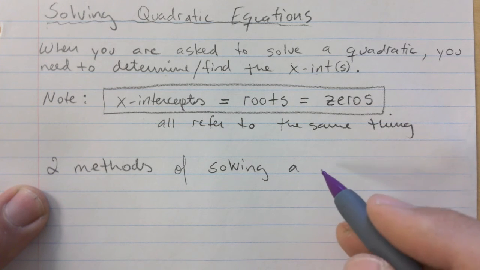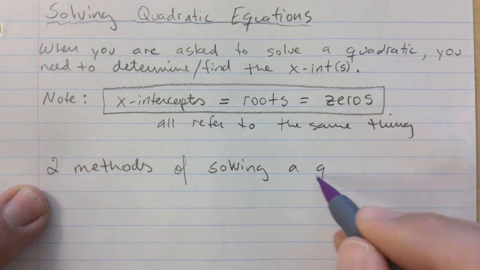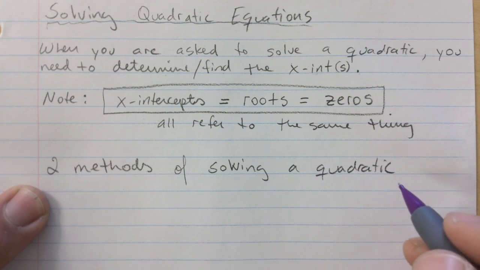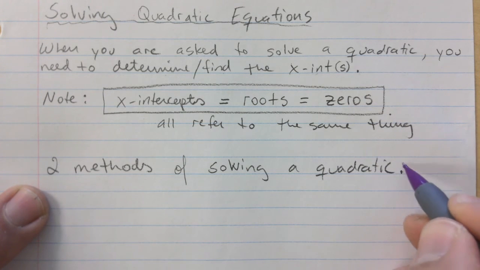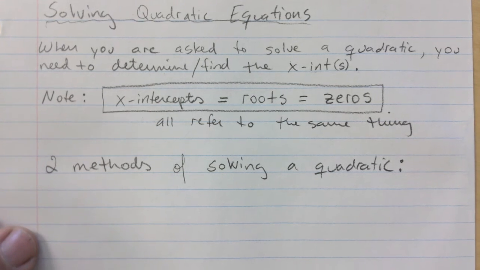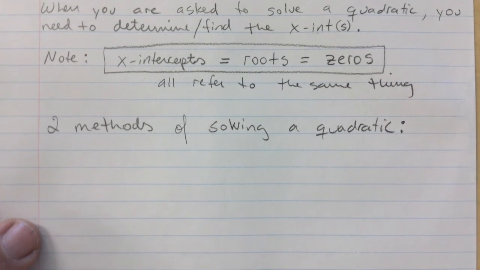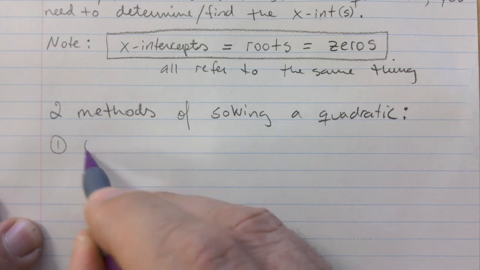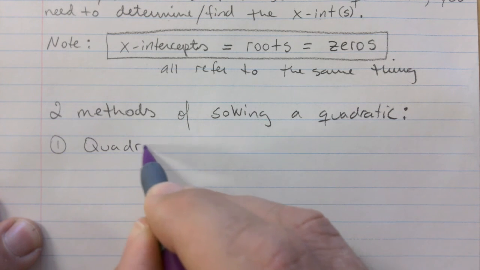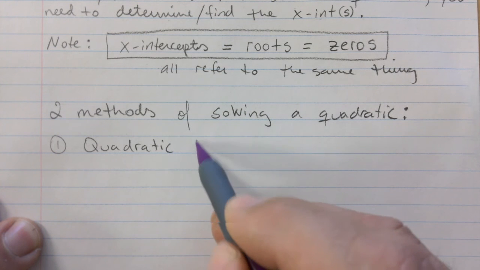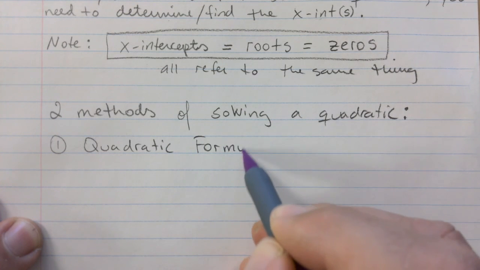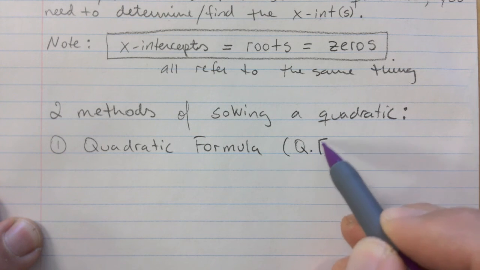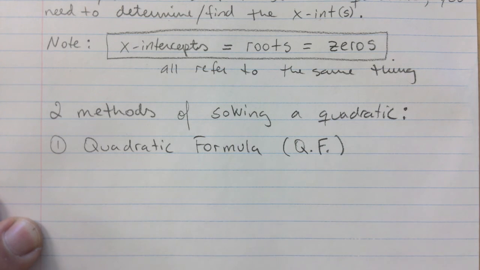There are two methods of solving a quadratic. Number one, the quadratic formula. We will also know it as the QF moving forward.